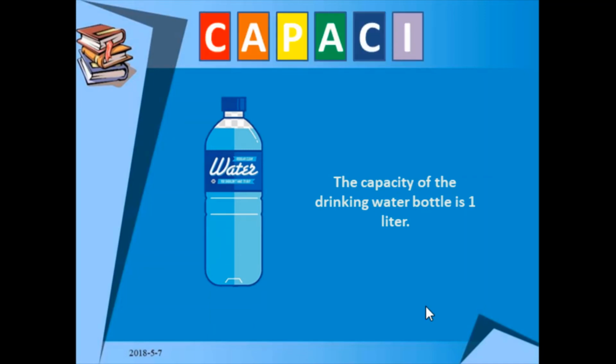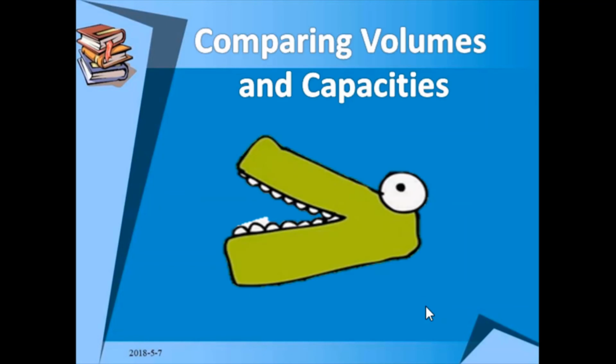Alright. Now, let's try to compare volumes and capacities. When we talk about comparing, it involves 3 common symbols. Just like this one. Who can remember what symbol this is?